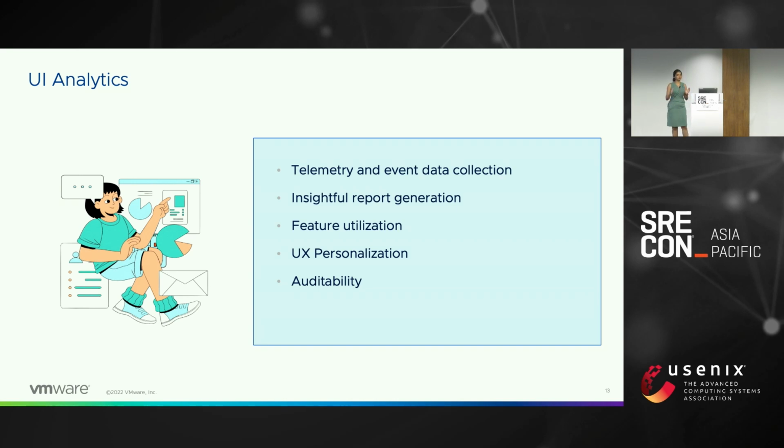We have n number of features, and we get to know what our most used features are, and using that data we can do performance improvements. If a feature is not used, we can always look into why it's not used, or if we can make it better.